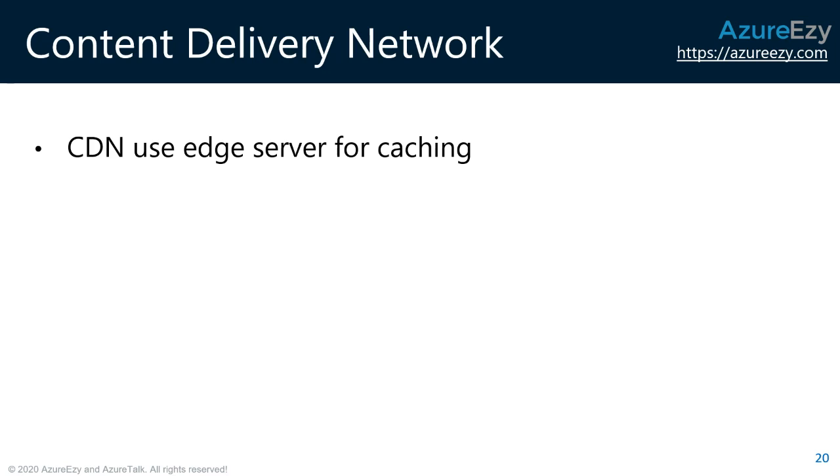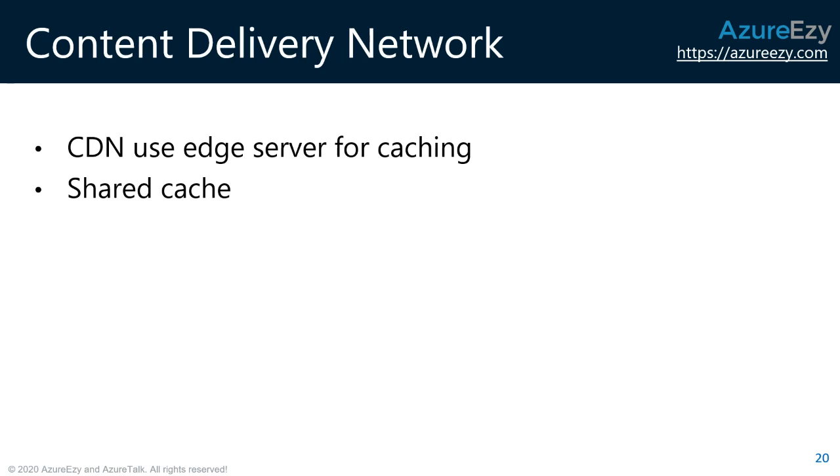This edge server will be used for caching the content. When I use my web browser in my laptop with a browser cache, that content is saved locally in my laptop. In this case, that content is not saved locally. The content is saved on that edge server.